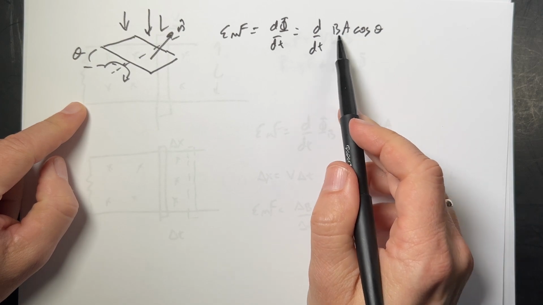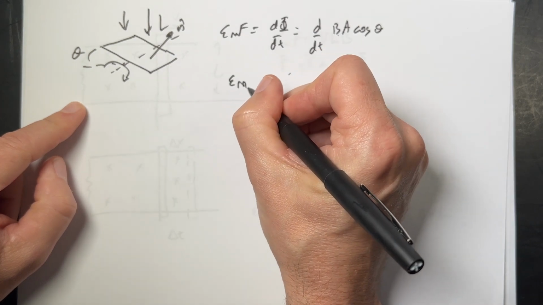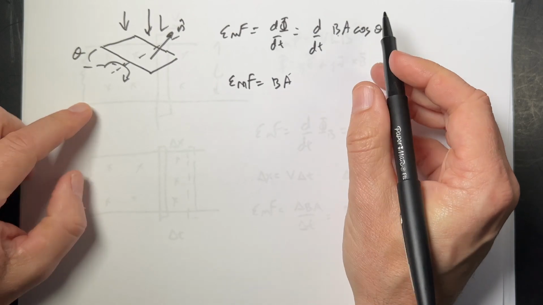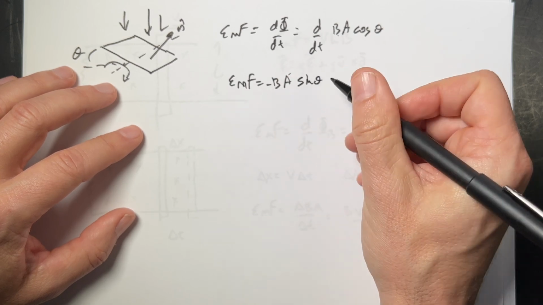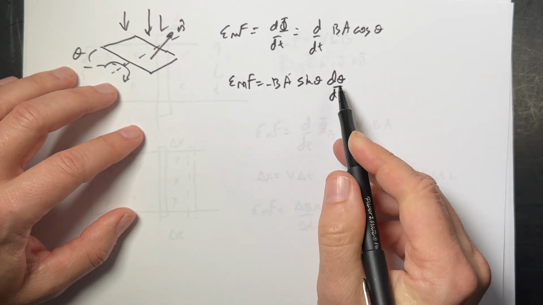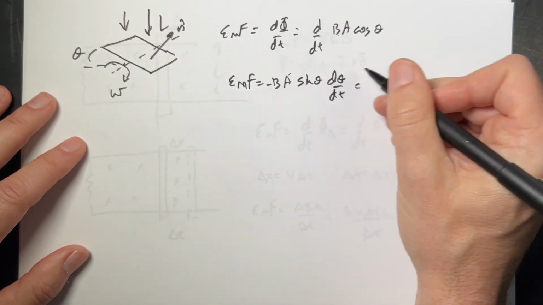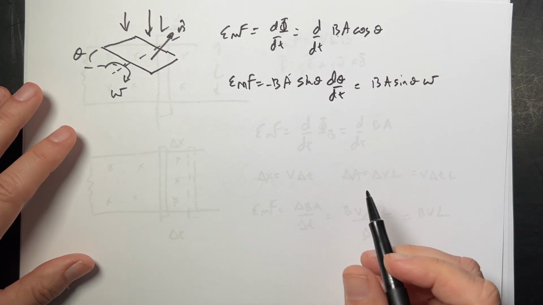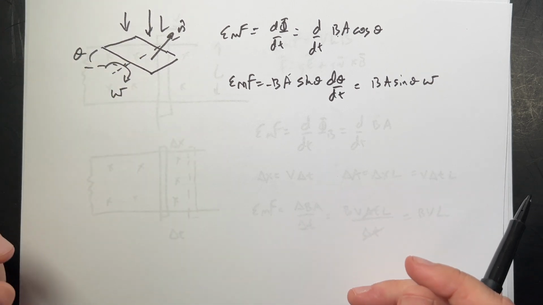And then if A and B are constant, I can factor those out, and I get EMF is B A, and then the derivative of cosine theta is going to be negative sine theta. But then I have to take the derivative of theta, which is d theta dt. And d theta dt is the angular velocity omega. So it's going to be, I'll leave off the sign, B A sine theta omega. But the point is that rotating a coil produces a change in voltage.